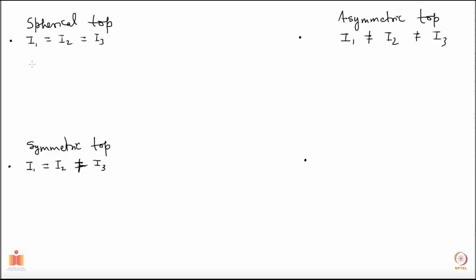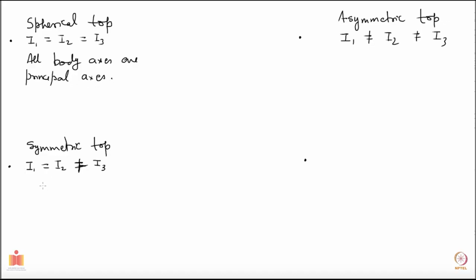So all coordinate axes, all body axes, are principal axes. Which means that independent of what body axis you have chosen, you will always get the inertia tensor to be diagonal in this case.